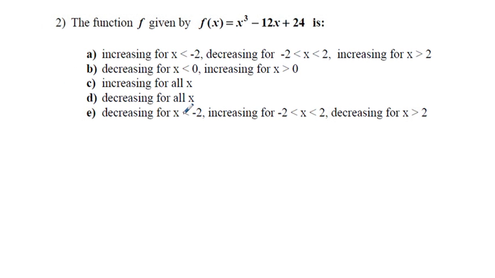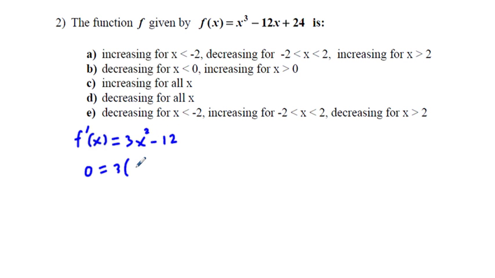Next problem. The function f is given by f(x) equals x cubed minus 12x plus 24. A lot of these problems are increasing, decreasing problems, points of inflection, maximums, minimums. So let's find the first derivative of this function. f prime of x equals 3x squared minus 12. If we set our first derivative equal to 0, we can factor out the greatest common factor, 3.